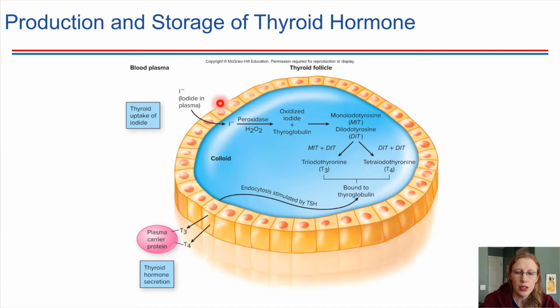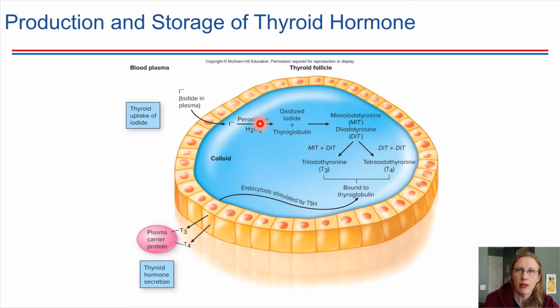And what the follicular cells do is they actively take up this iodine. They take it into the colloid space. I think this is transported with sodium. It's a sodium symport channel that brings that in. But anyway, iodine is recruited into the colloid space, and then inside of the colloid, it gets combined with a protein called thyroglobulin.